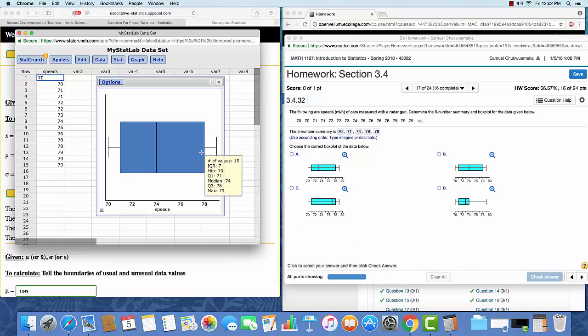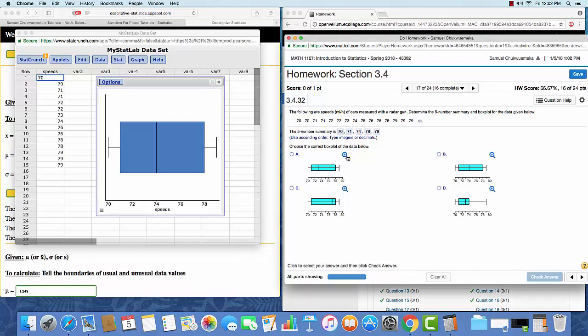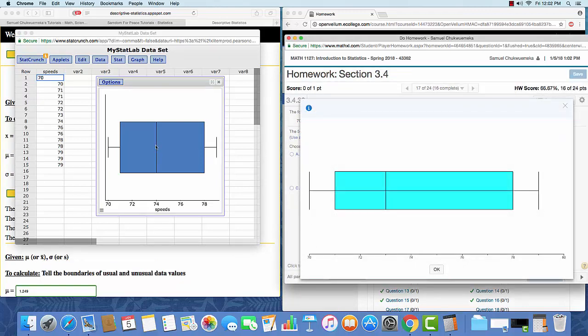Minimum is 70. So A is okay, B is okay, D is okay. Maximum is 79. A is okay, B is okay, D is okay. Median is 74, the middle guy here.